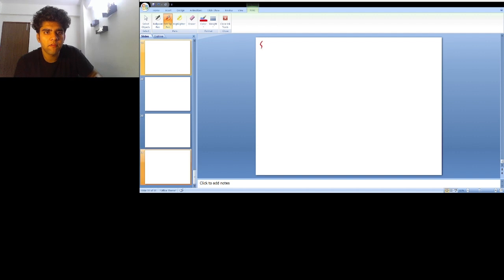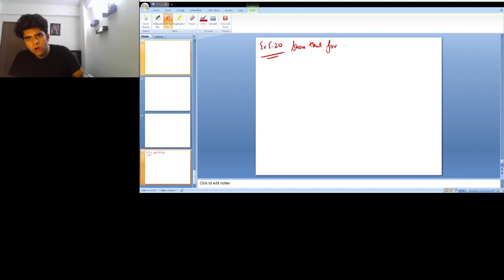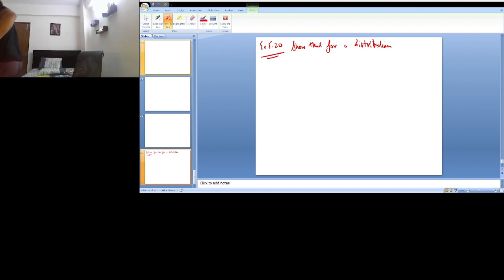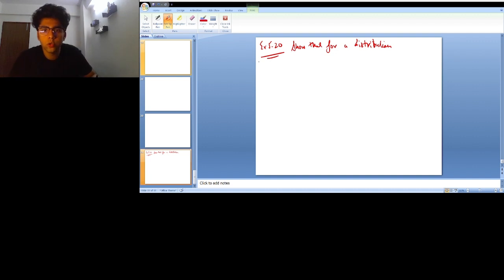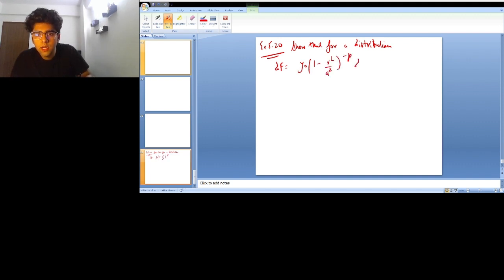Right. So example 5.20 says that we need to show that for a distribution df equals y naught (1 minus x square upon a square) to the power minus p dx, where x lies between minus a and a.